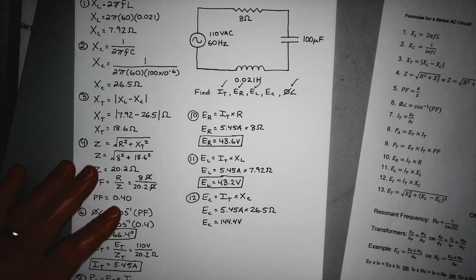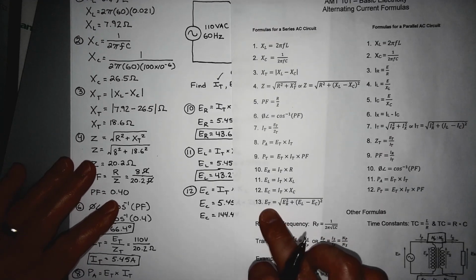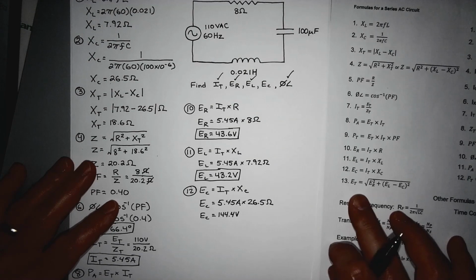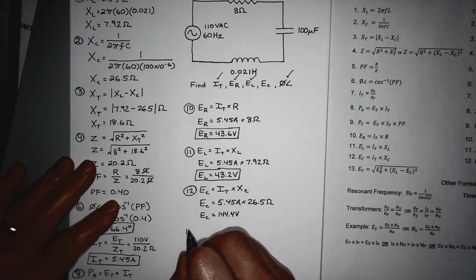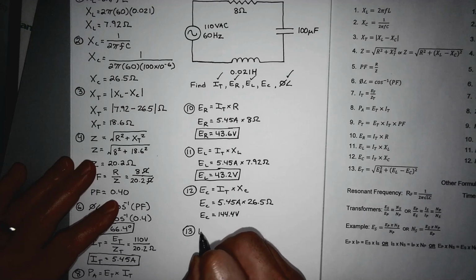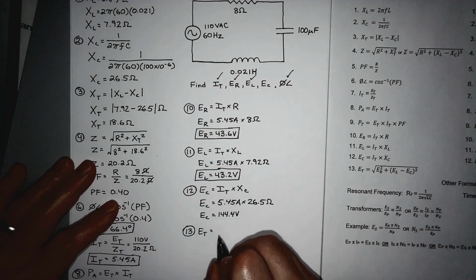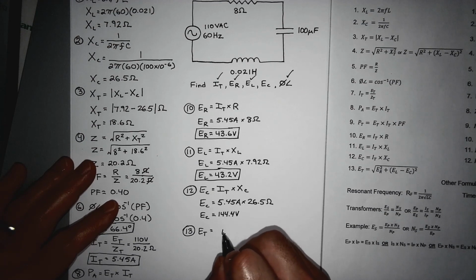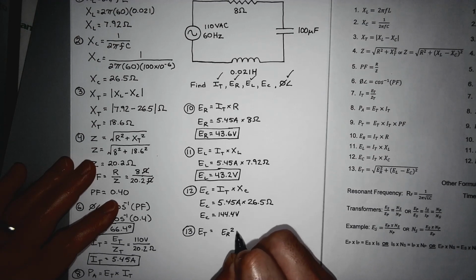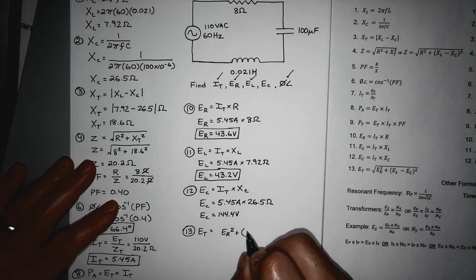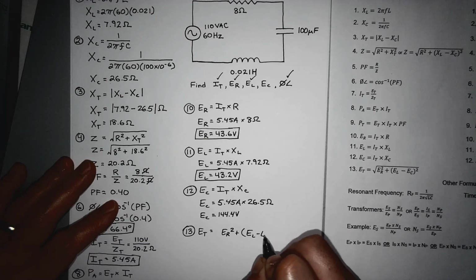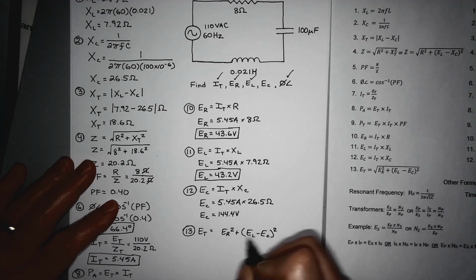And then if we wanted to check ourselves, we can execute equation 13 here, and we should be getting an E sub t value that is very close to that 110 volts up there. So E sub t is the square root of E sub r squared plus the difference in E sub L and E sub c, squared.